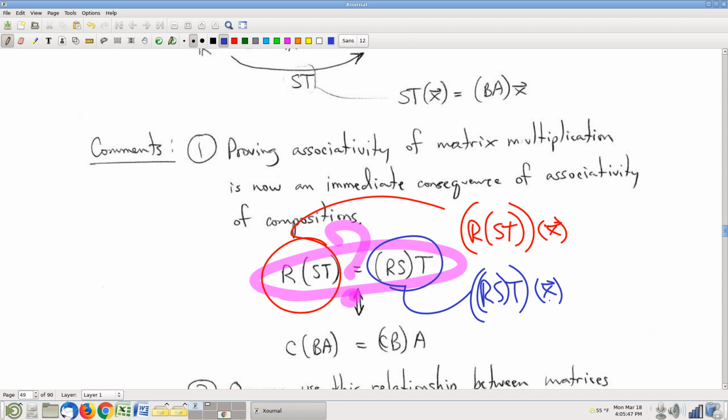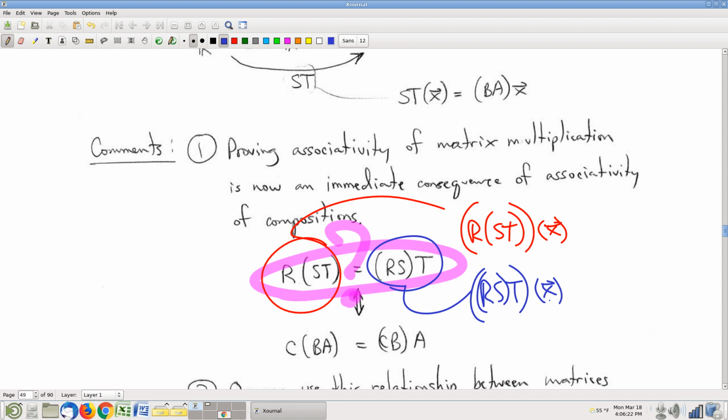And compute both sides here and just observe that up on top, what we have is we're going to take x, we're going to first do T, after which we're going to do S, dramatic pause, and then we're going to do R. Whereas down here, we're going to take x, we're going to do T, dramatic pause, and then do S, and then do R. In all cases, we're going to take x, do T, then S, and then R. The only difference between these two calculations is where's the dramatic pause.